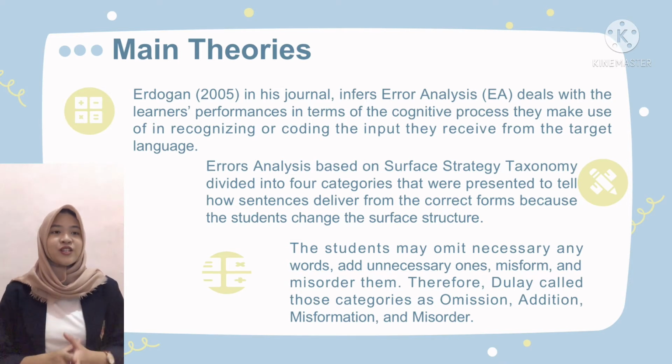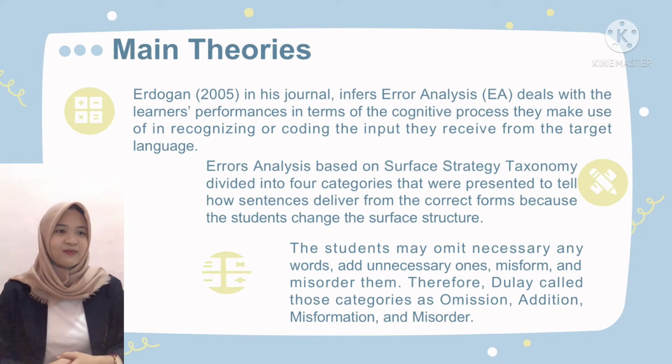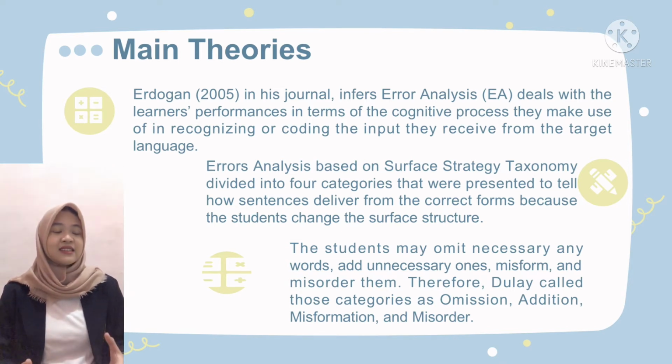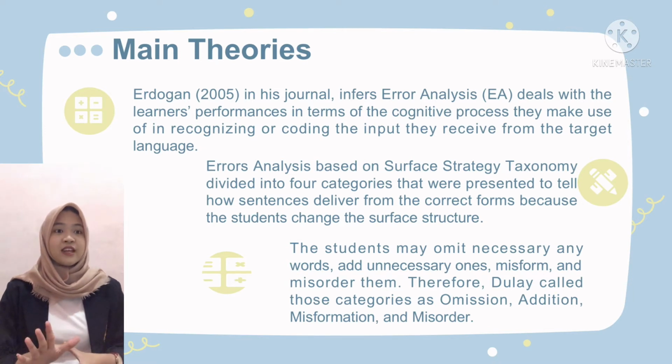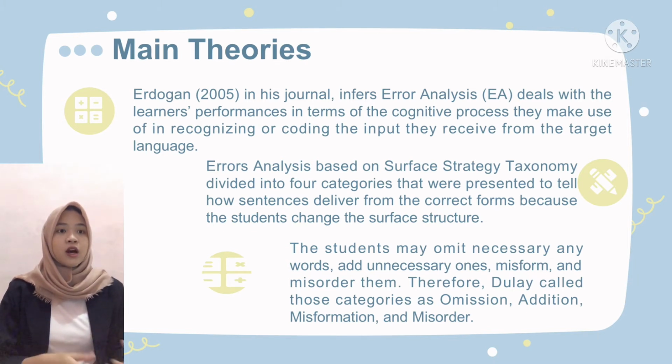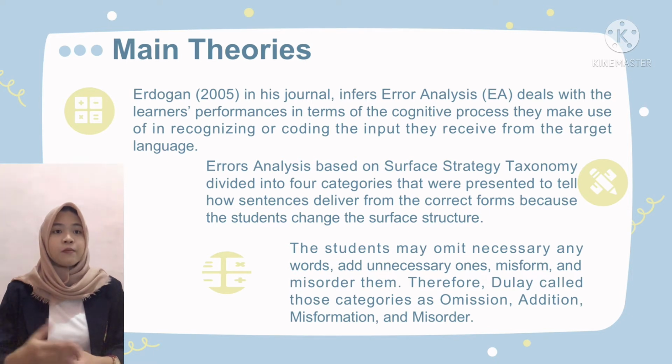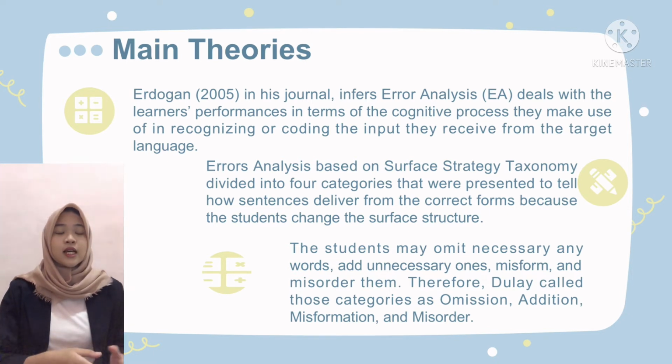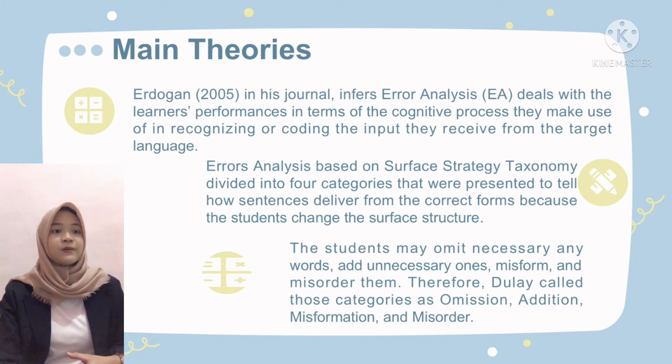Let's move on to the EA. So Ellis and Barkhuizen, in 2005 in his journal, infers that error analysis or EA deals with the learner's performance in terms of the cognitive process they make use of in recognizing or coding the input they receive from the target language.